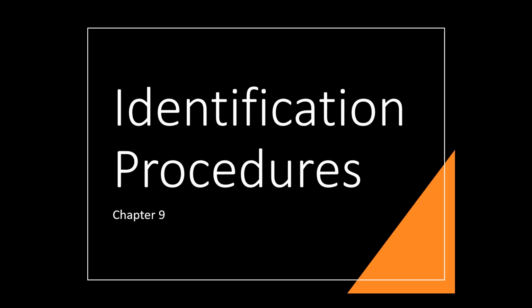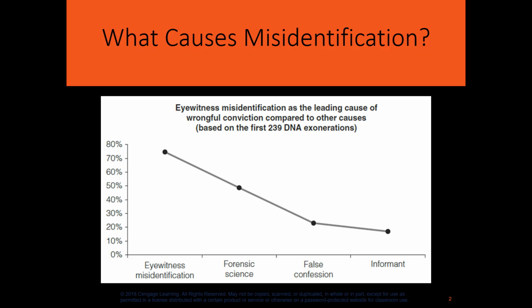So when I say careful, what's the danger? Well, let's look at this next slide. What causes misidentification? These are wrongful convictions, and eyewitness misidentification is responsible. It is present in 75% of the cases where an individual is later exonerated because of DNA samples.